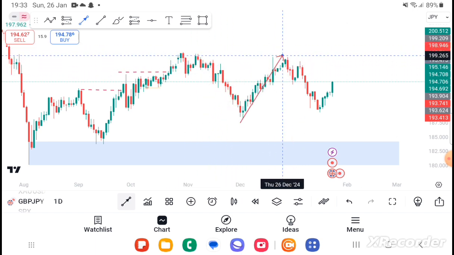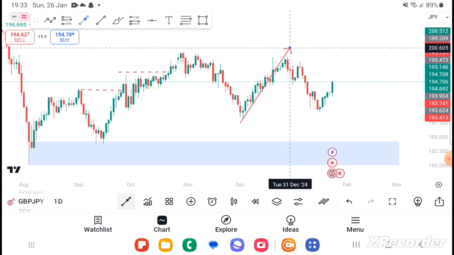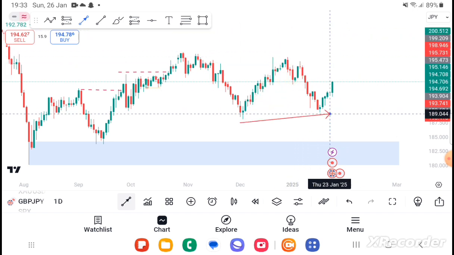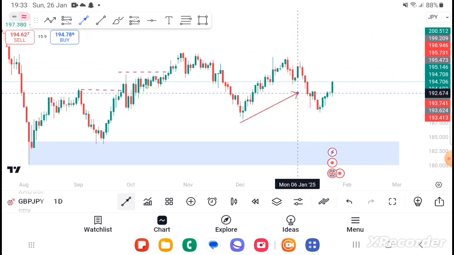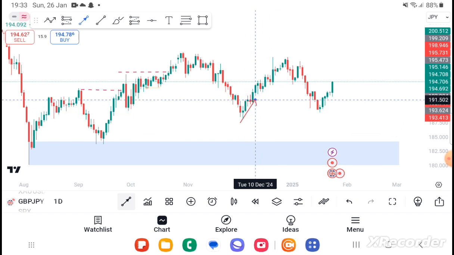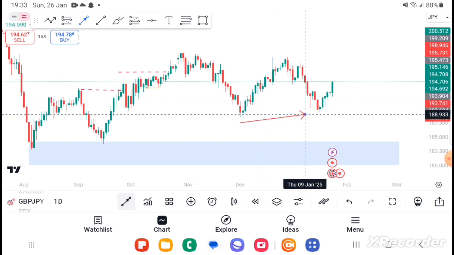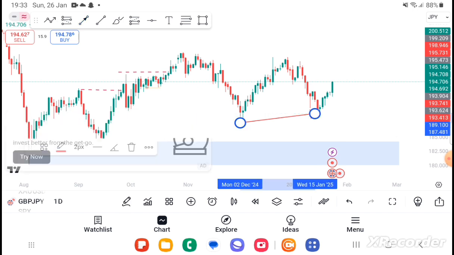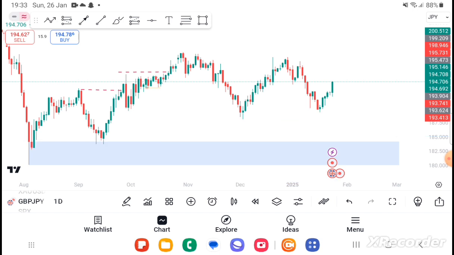Okay, so we got here, it wasn't able to push up further, so it just came down, right? Grabbed liquidity from this side all the way to the bottom, right? And then reacted off. Okay, so at this point, we could say that this order block has been used.